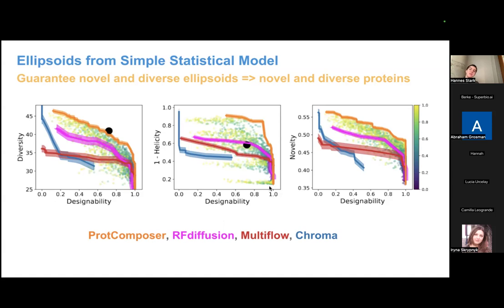And we do this for all sorts of different parameters, always drawing 100 samples and then computing the average designability and the diversity of them. And then we end up with these Pareto frontiers for the different models. And we just see that with ProtComposer, the trade-off is rather nice. And I should also note that this black dot, I think that's maybe interesting for many.